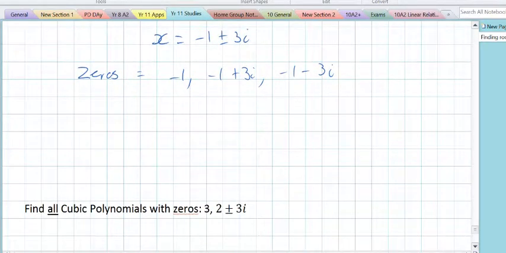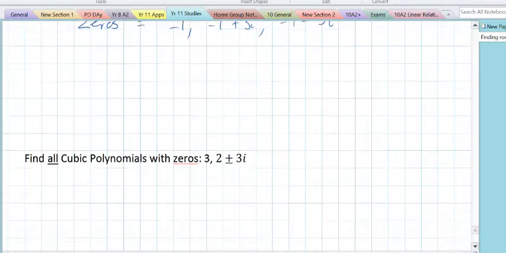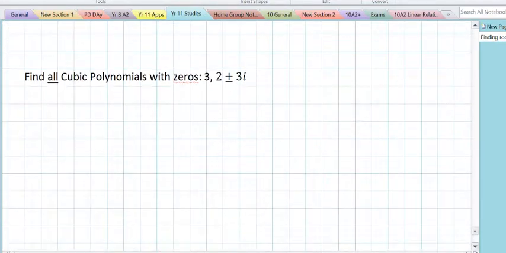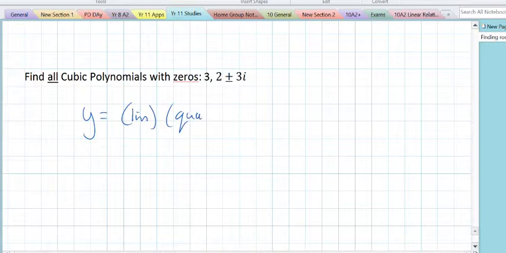Alright. Now, another challenge. Find all cubic polynomials with zeros 3, 2 plus or minus 3i. Now, this builds on the quadratics. So we remember that a cubic can be written as a linear and a quadratic.